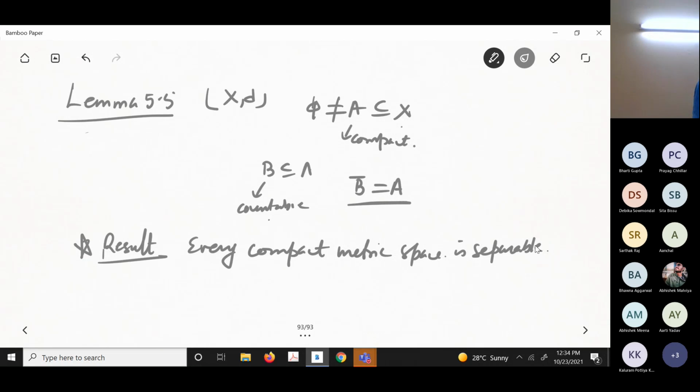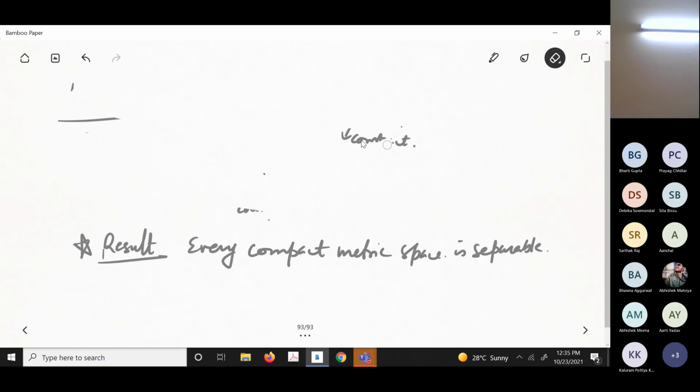Okay, let me prove this first. This same proof you can also use here. Let me tell you how to prove that every compact metric space is separable directly, because often people are asked to prove this. How will you prove that every compact metric space is separable, directly?